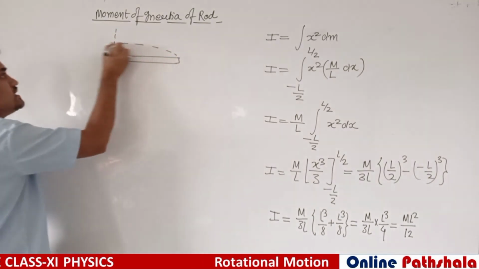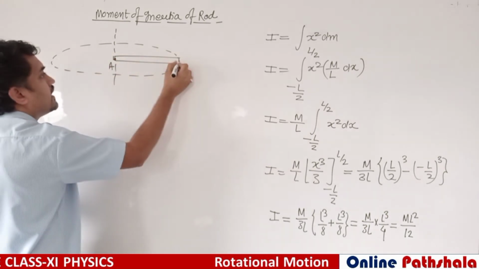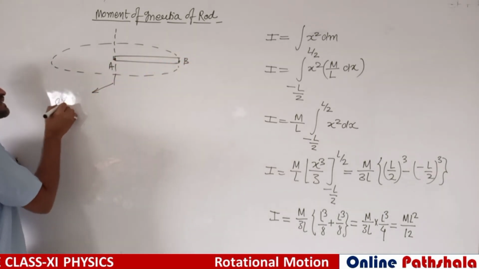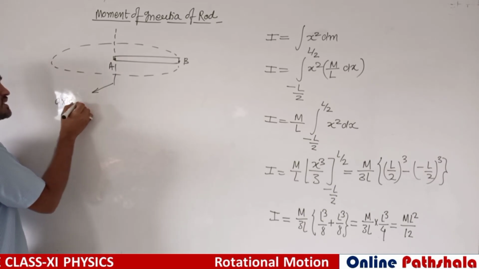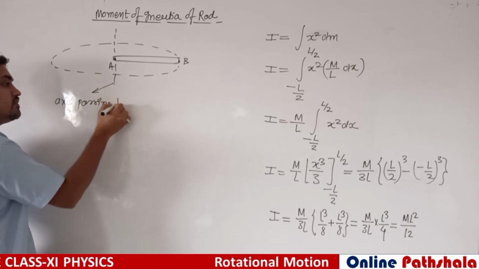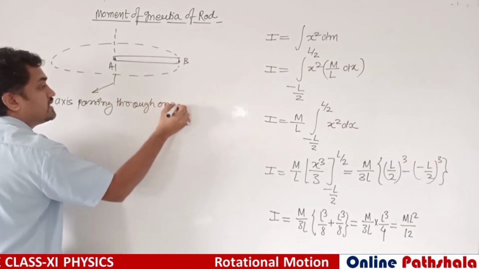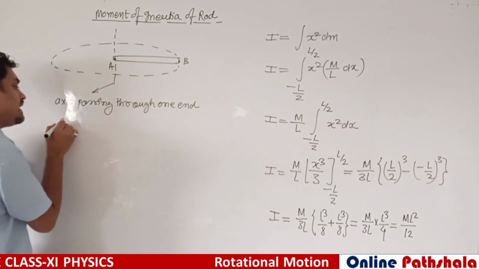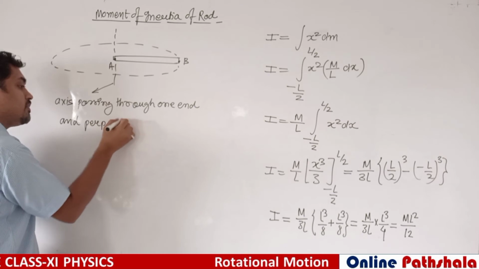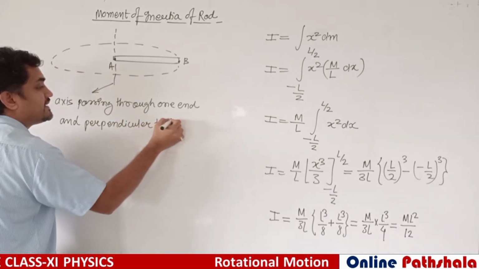This whole rod is rotating about one end A, and the other end is B. So it is the axis passing through one end and perpendicular to its length.